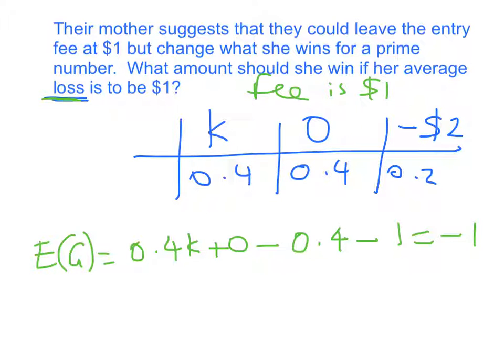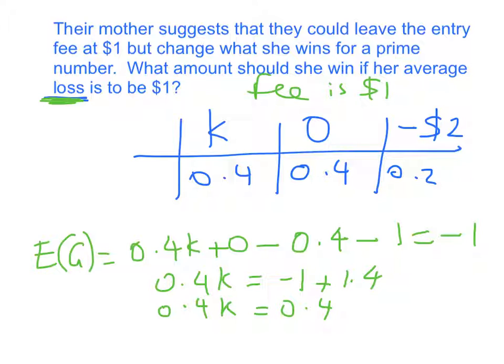Because she's being nice and she's saying on average she's happy to lose $1 every time they play this silly game. Right, so just working that through, what do we get? Well, we get 0.4k equals -1 plus 1.4. 0.4k is equal to 0.4. So this is giving me k equals 1.